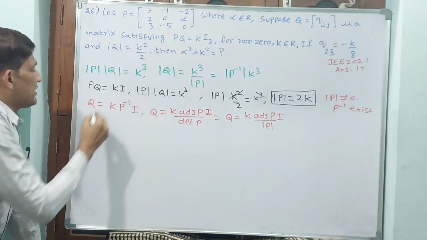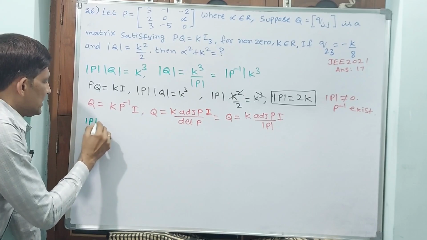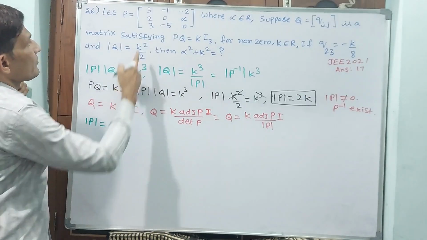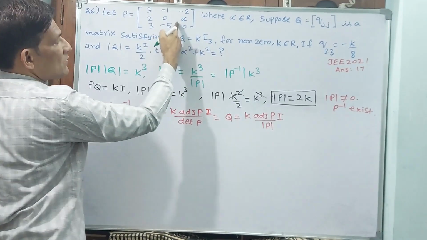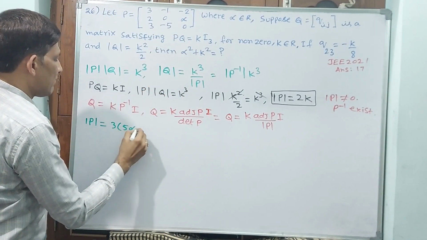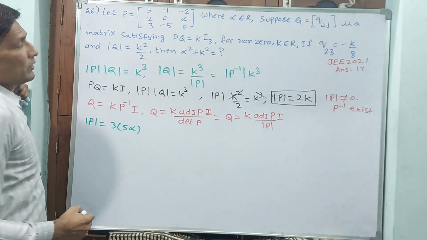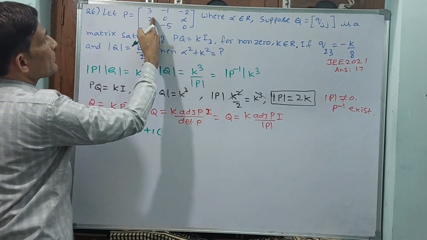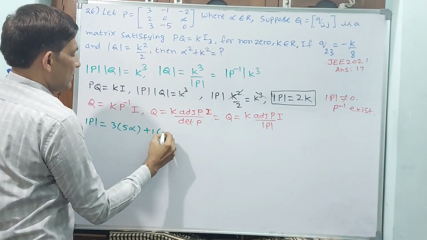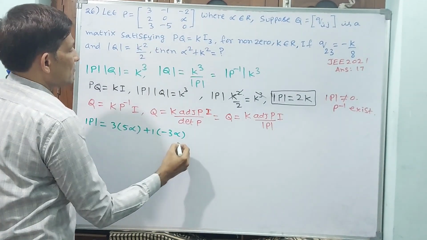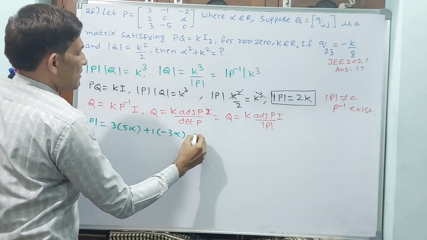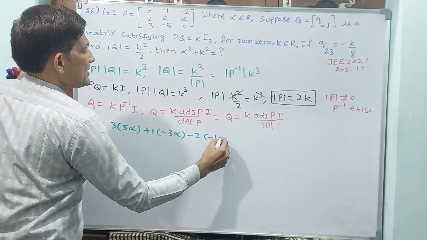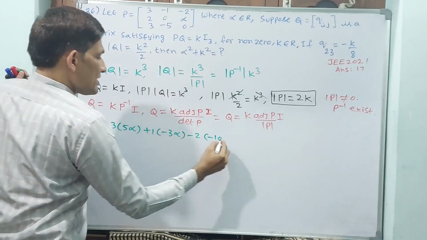Now I find determinant P first. Determinant P is equal to, you see, 3 times of 0 minus of minus 5 alpha plus 5 alpha, okay, minus of minus plus 1, 0 minus 3 alpha. Afterwards minus 2 into minus 10 minus 0.